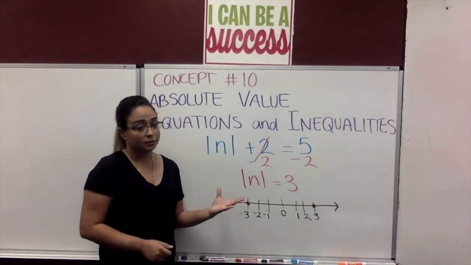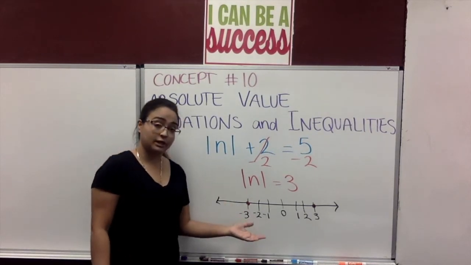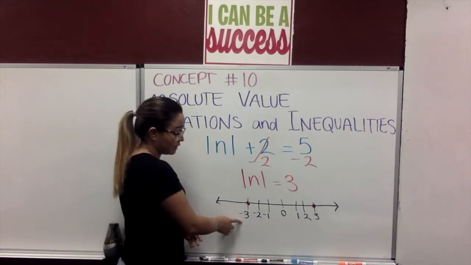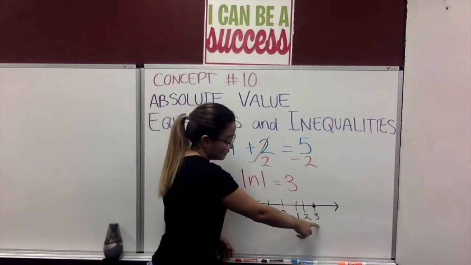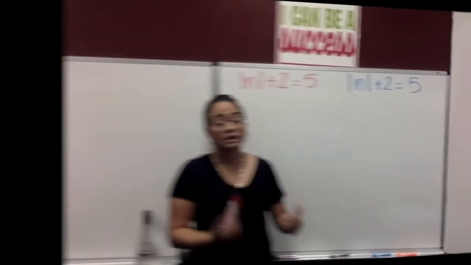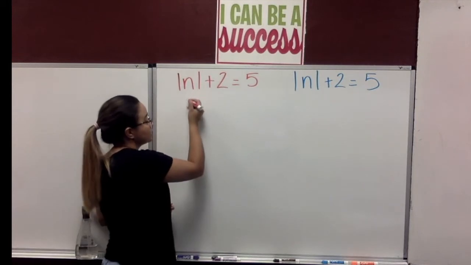Now what we are going to be doing is plugging in our 2 possible answers, or 2 absolute values for n, which is -3 and +3. So let's go ahead and plug in those values. Let's start off with +3.